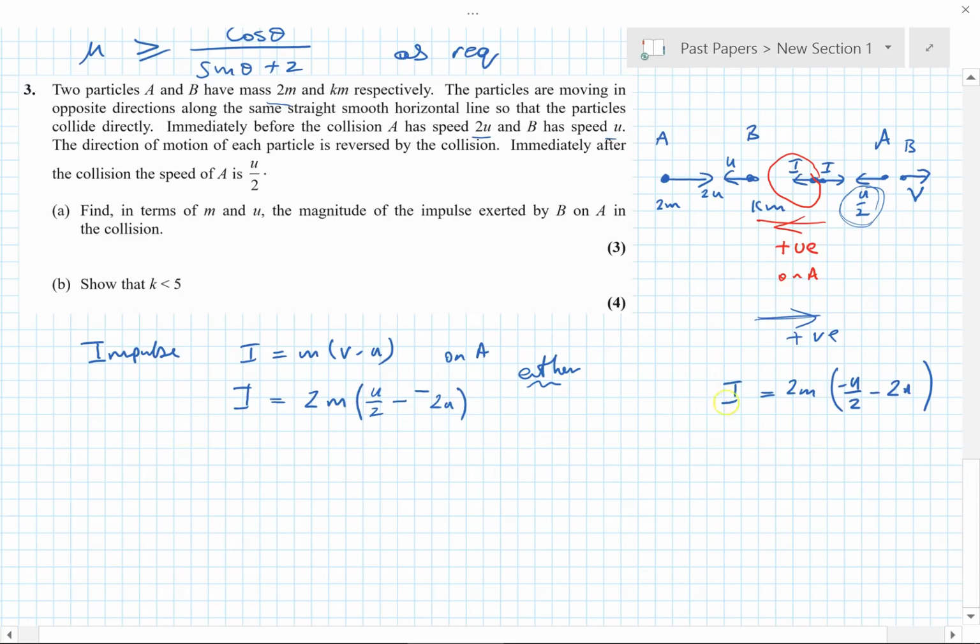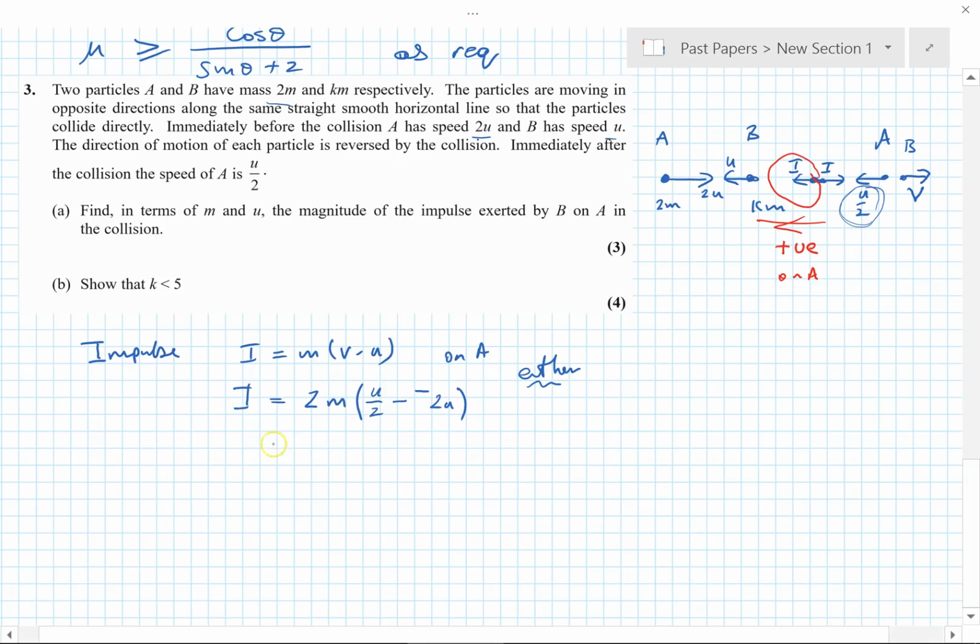And we could either put a negative there, in which case we'd get the magnitude, or leave it like that, and we'd have a negative answer for the impulse, and then we'd have to make it positive. So that's probably more confusing than anything, but just be careful with the signs. Take it in this direction. I always say take it in the direction in which impulse is actually acting on the particle you're using the impulse equation on.